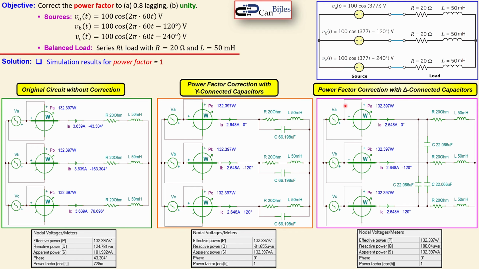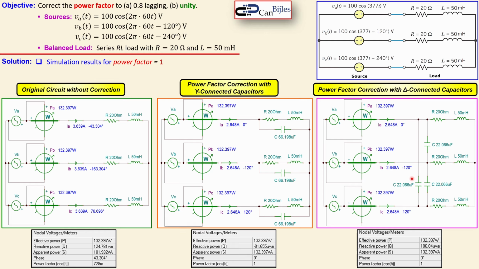What you also see here, for the power factor correction with the delta connected capacitors, is that again the real powers are exactly the same for each phase, and the same current is also in the phase currents, and again the phases are exactly in phase with the sources. So the phase of the currents are in phase with the source voltages. And also the result here, phase of 0 and a power factor of 1.